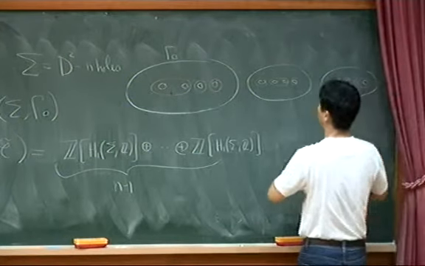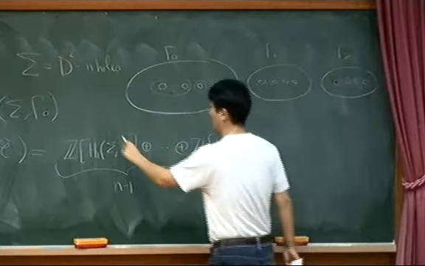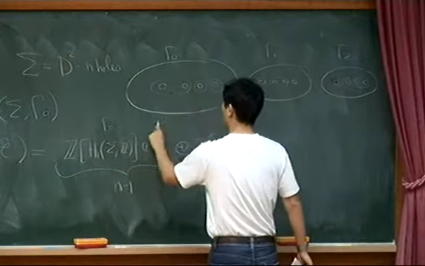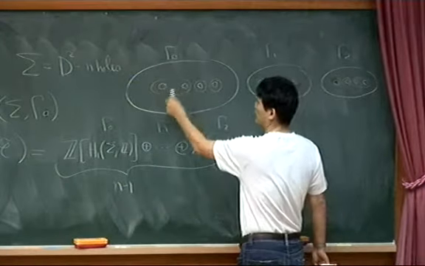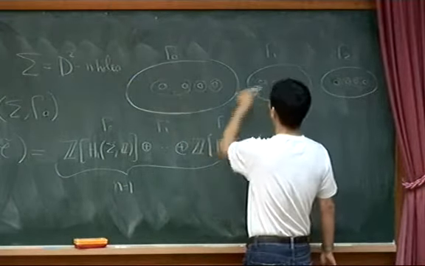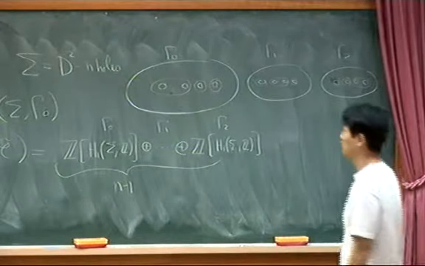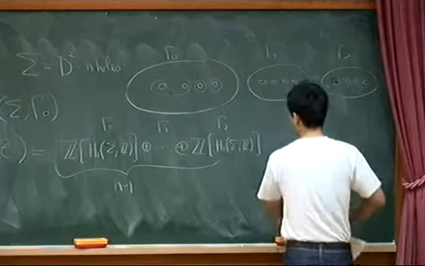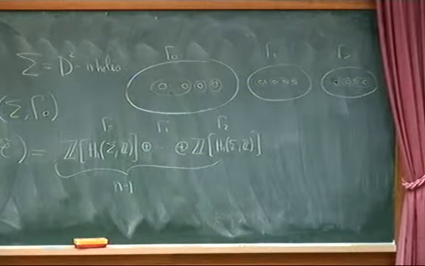So you have gamma 0, gamma 1, gamma 2, and these are generated by gamma 0, gamma 1, gamma 2. So you just take any two dots in succession, and you draw a curve around it, and then you have something. Okay. So that turns out to be the Grothendieck group of this category.